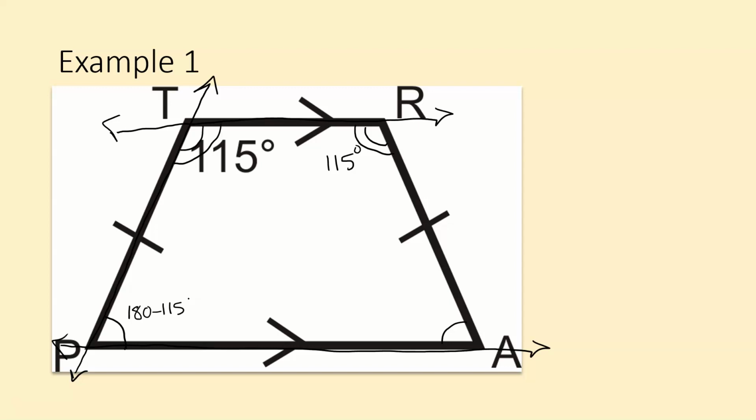That is 180 minus 115, which is 65 degrees. And if this angle is 65 degrees, this angle is 65 degrees as well, because they are congruent. And all of these should add up to 360 because it is a quadrilateral. So that's a way you can check to make sure your answers make sense.